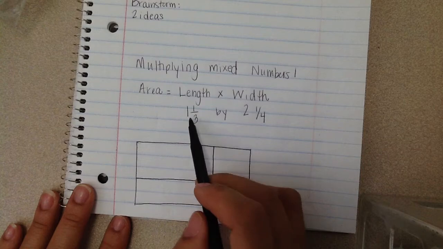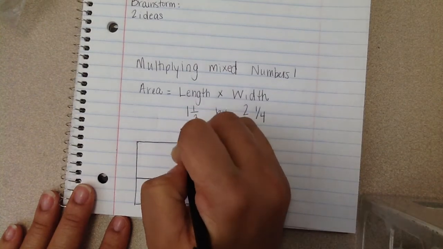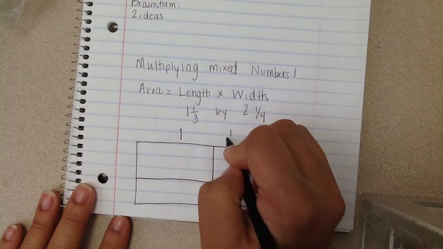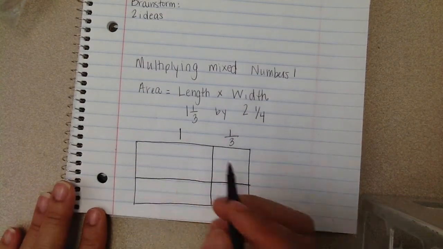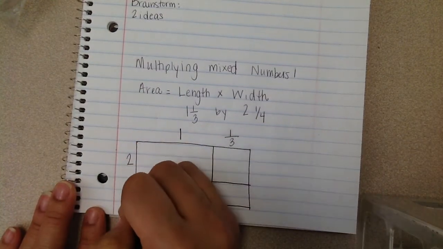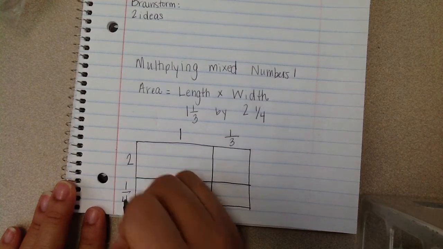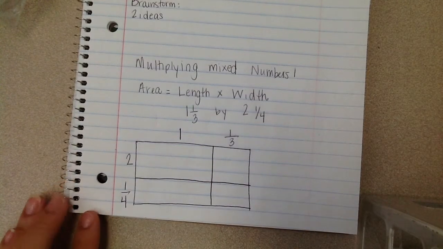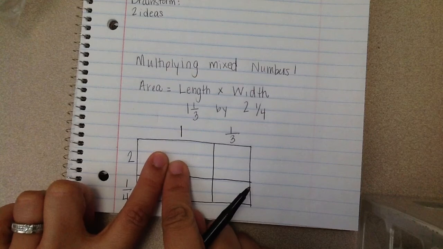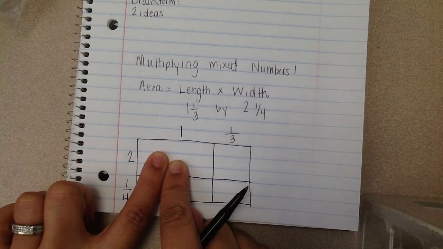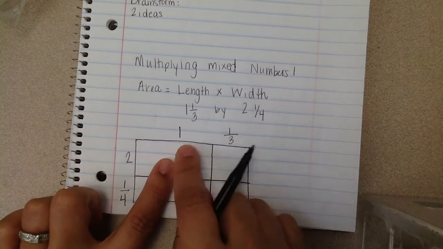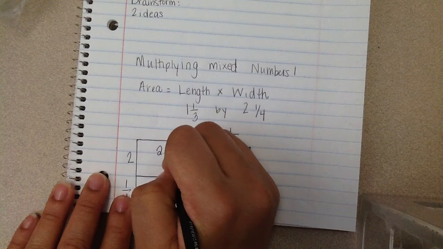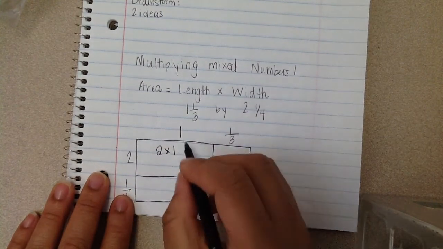I'm going to put my first fraction on top, 1 1/3, and I'm going to put my second fraction on the side, 2 1/4. I'm going to put my fingers where they cross and meet, and make that an equation inside of that box.